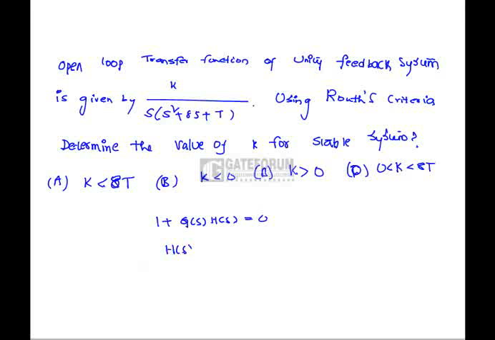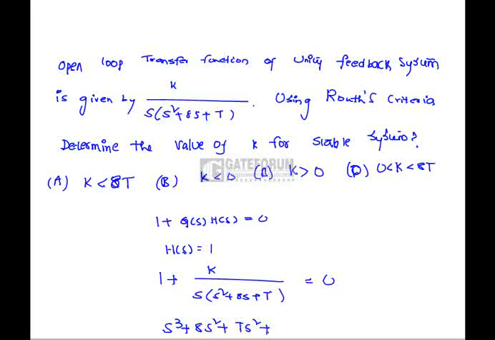Here H(s) is nothing but a unity feedback system, hence it is 1. 1 plus G(s) equals 0. So s cube plus 8s square plus ts plus k equals 0.